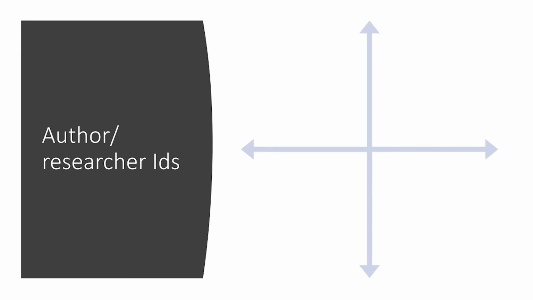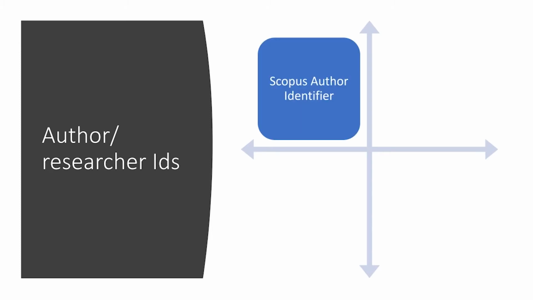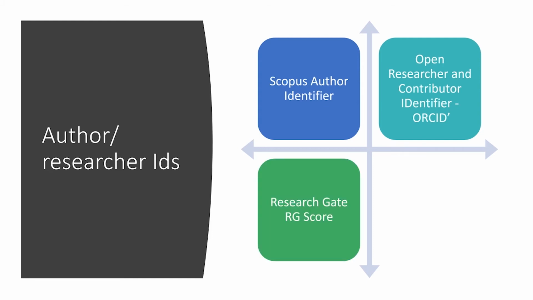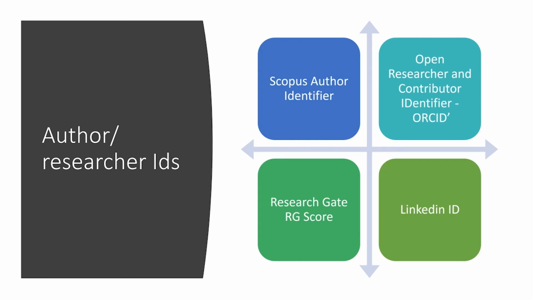These author IDs include Scopus author ID, Open Researcher and Contributor Identifier, that is called ORCID, ResearchGate or RG score, and other miscellaneous, you can say LinkedIn ID is used as author and researcher ID.